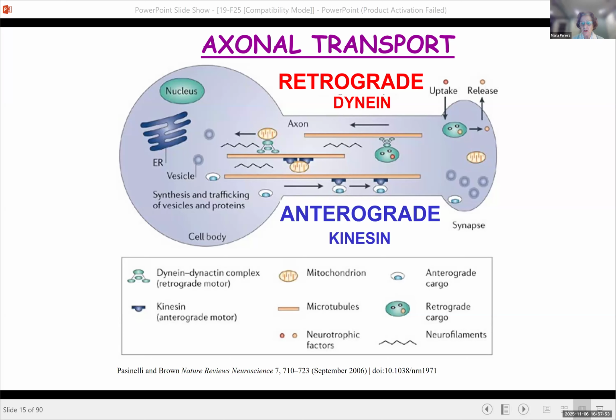So organelles that are damaged and old at the axon terminal have to be carried by retrograde transport to the cell body, because that's where the lysosomes are. There are no lysosomes here, or if there are, they're very, very few. So most of the damaged organelles present at the axon terminal have to be carried to the cell body to be destroyed by the lysosomes.